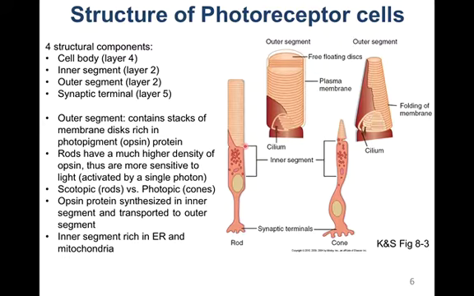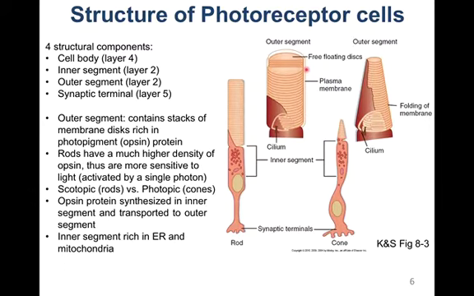The outer segment contains all of these flattened discs. So imagine an intracellular vesicle that you squish down so it looks like a pancake. All of this stack of membranes here are free-floating discs. Think of them as flattened, squished vesicles, and all of that, of course, is intracellular.